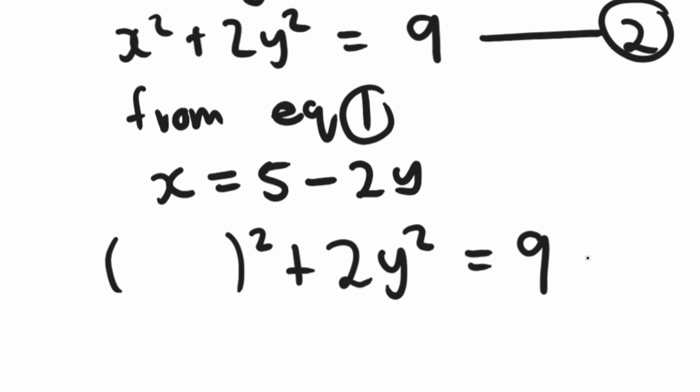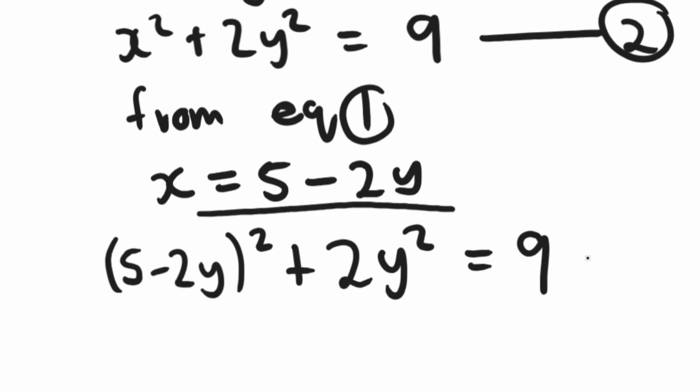Now in this bracket what do we put? The value of x. The value of x is nothing but 5 minus 2y, so we put 5 minus 2y here. Remember, the value of x is 5 minus 2y, our equation 3. It's not necessary for you to indicate this one as equation 3, but if you don't want to lose yourself, please proceed and indicate them.